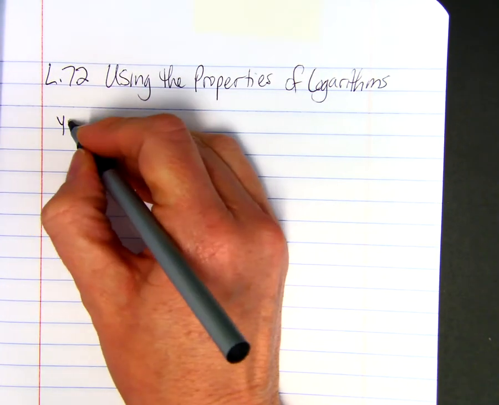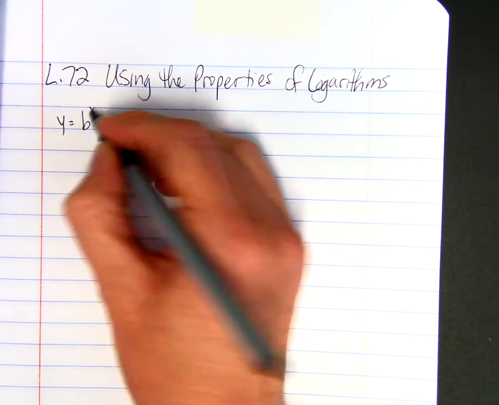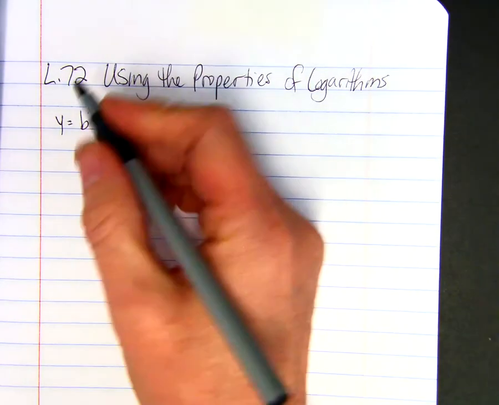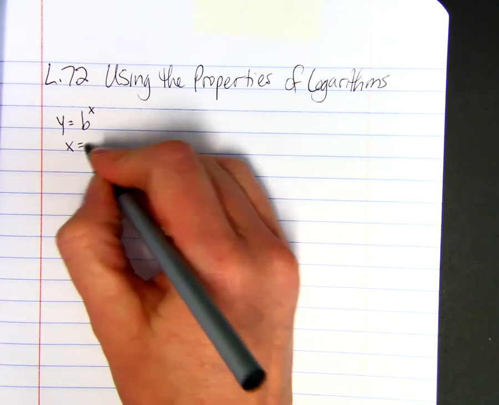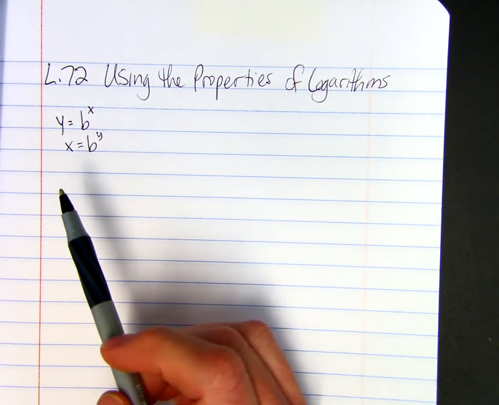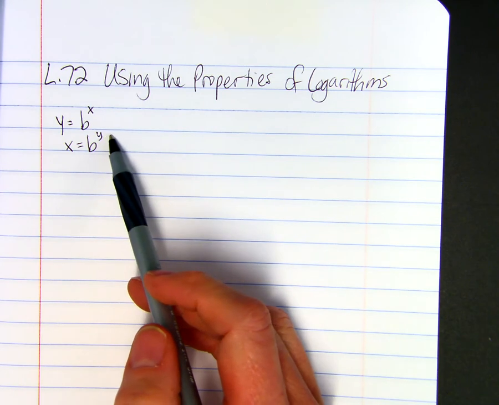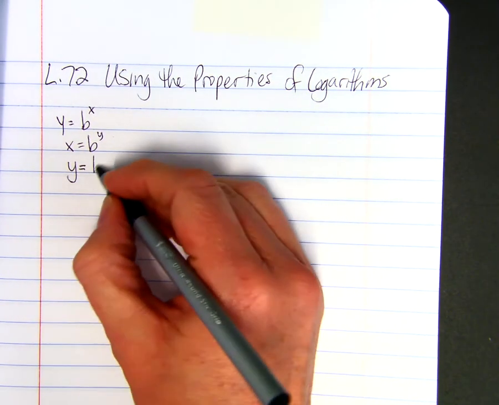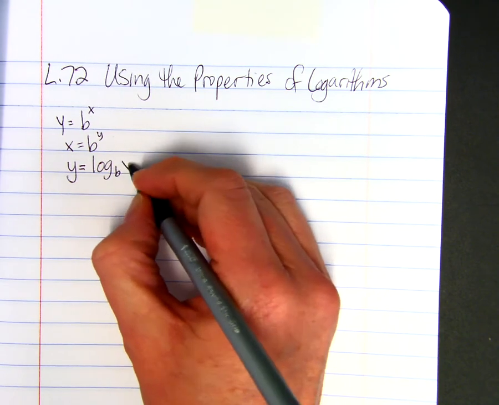So if we have y equals b to the x power, and we want to find the inverse of it, we would swap the two variables. And then we can write it in logarithmic form. So y is going to equal the log base b of x.